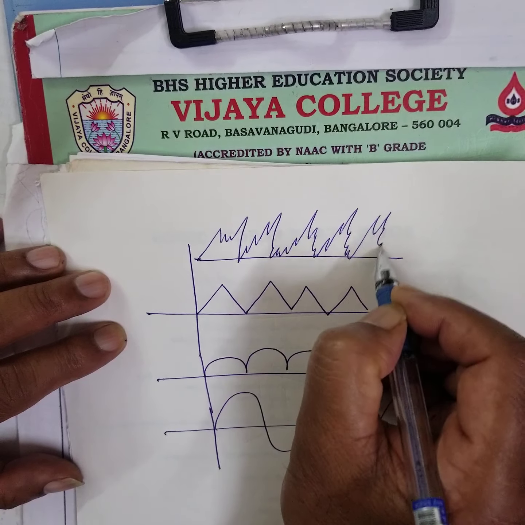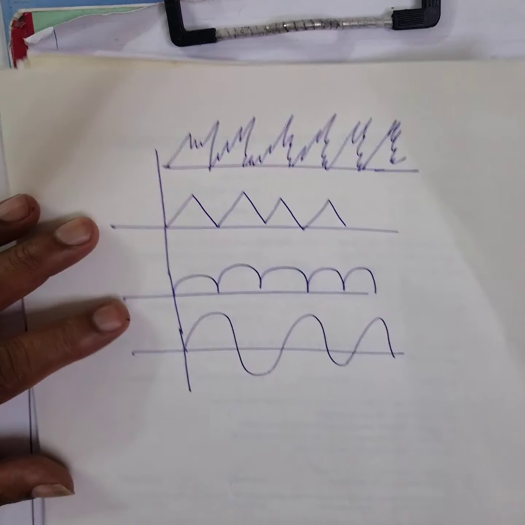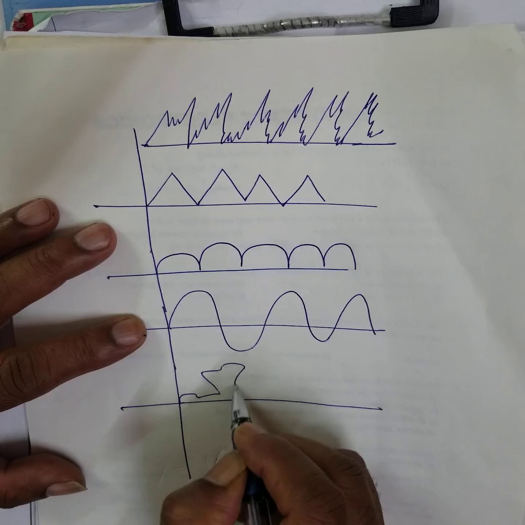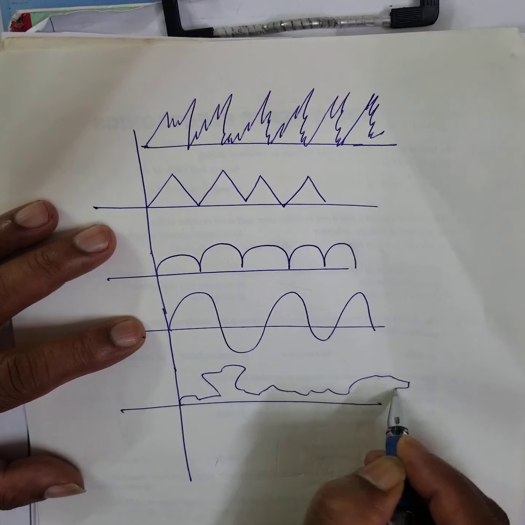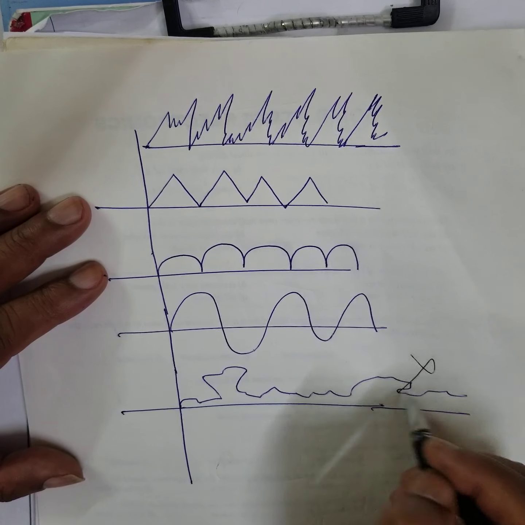They are identical, is it not? Regularly repeating, it's called a periodic function. Now, can you tell what is this? Do you call this a periodic function? This is not a periodic function.